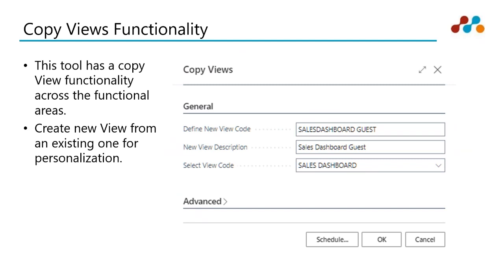We just need to define the new view code and a new description for that view code and select the view. For example, I'm going to create another view based on the sales dashboard, which serves as a template. And when I click on OK, the view would get created for me. Thus, again, it saves time for us.